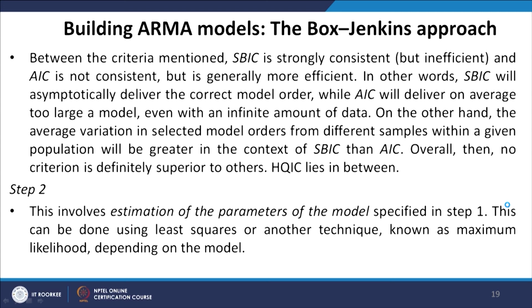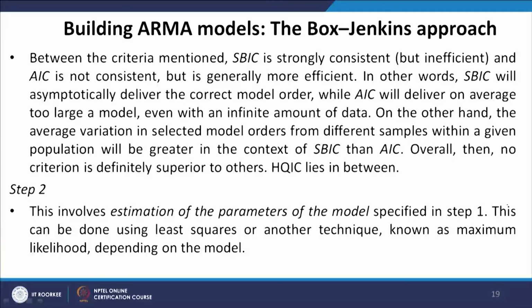That is, if we work with a large sample, then SBIC is strongly consistent, in the sense that it gives us the correct model order, while AIC will deliver on average too large a model, specifically relative to SBIC, even with an infinite amount of data.